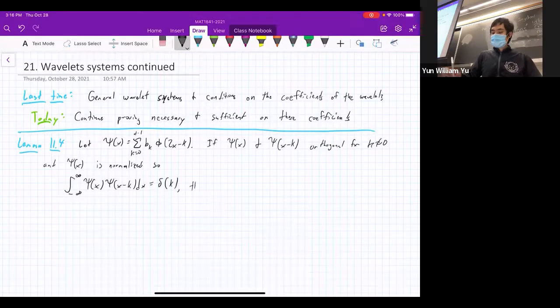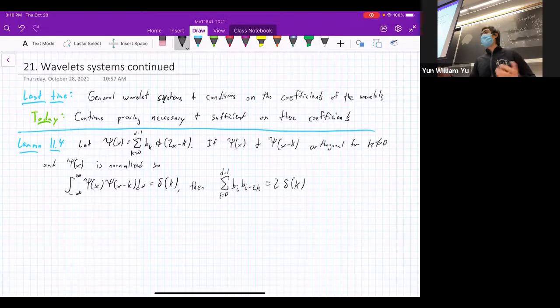Well, then what might you guess about the shifted product of all the coefficients? As you'd expect, what you basically get is twice the delta function. This is exactly the same as it was for the scale function: it was orthogonal to all the shifted versions of itself.